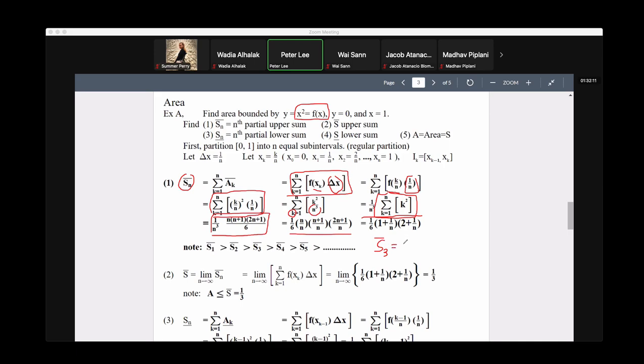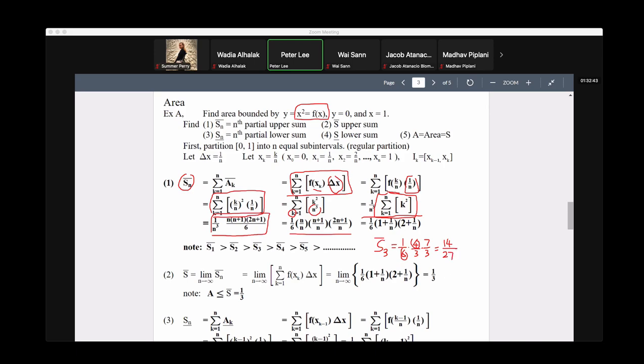The third partial upper sum would be 1 over 6 times, plugging in n equals 3, that would be 4 over 3, and then 7 over 3. And if we add them up, we get this. We can reduce this, so the third partial upper sum is 14 over 27.